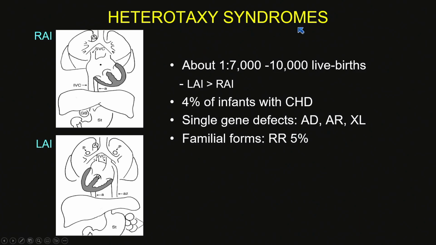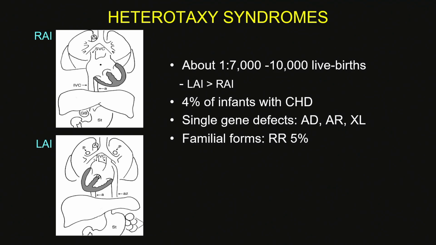So let's talk about heterotaxy syndromes. It's somewhat more common than situs inversus. Left isomerism is more common than right isomerism. And there are probably a number of patients with left isomerism we actually don't diagnose because they are fine.